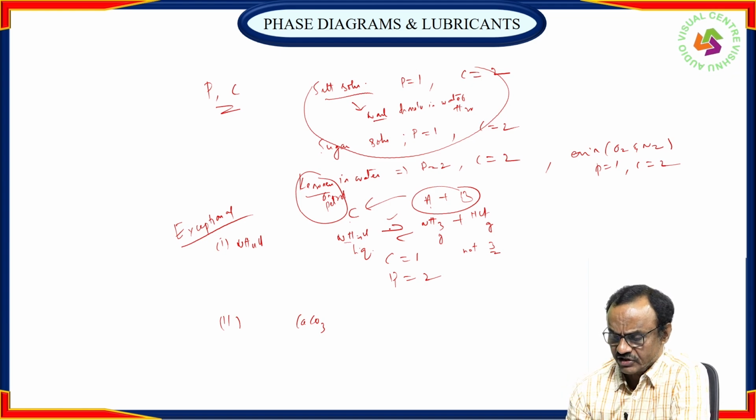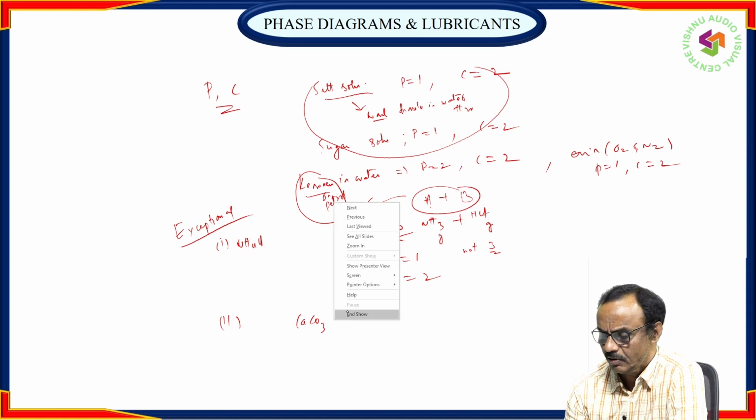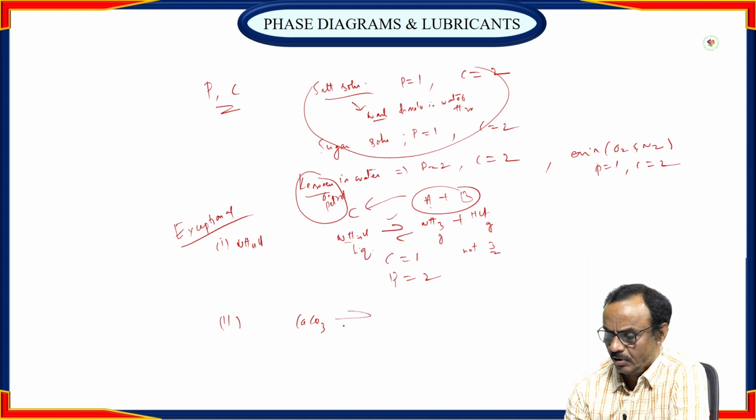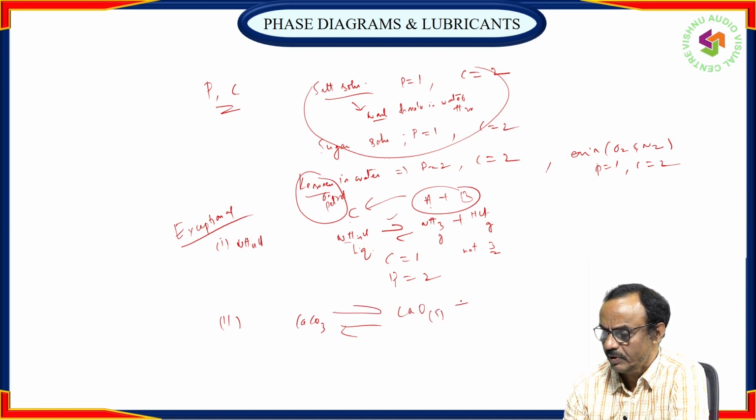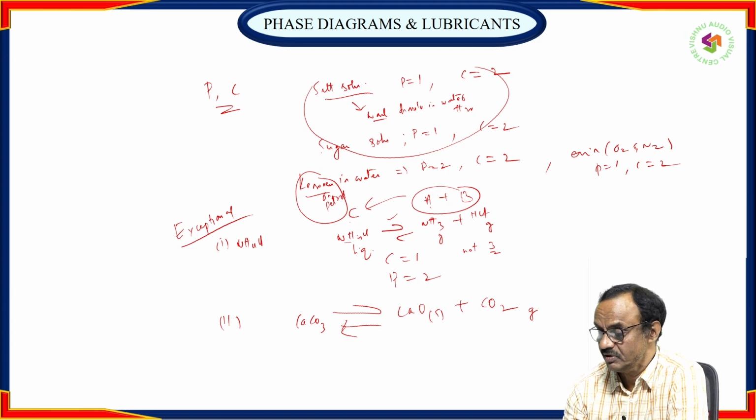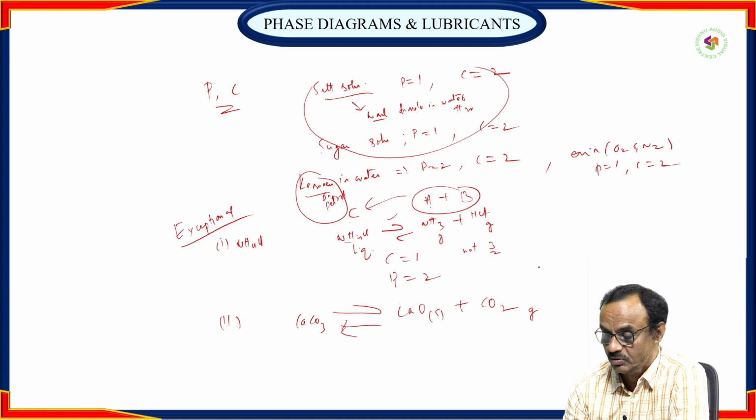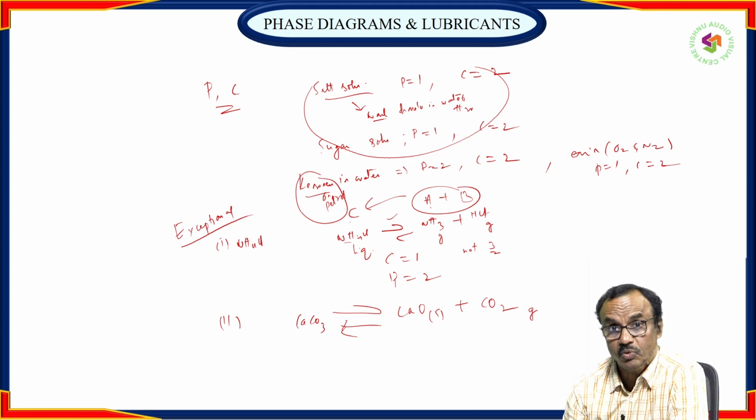So calcium carbonate in a closed system can be decomposed on heating. This decomposes into calcium oxide, a solid, plus CO2, a gas. If it is an open system, the gas escapes out, so this dynamic equilibrium is not possible. You cannot get this equilibrium. In a closed system only, it is possible to get this dynamic equilibrium.